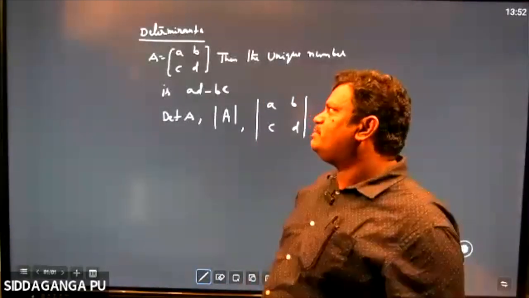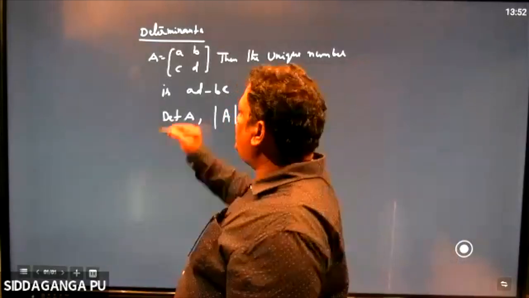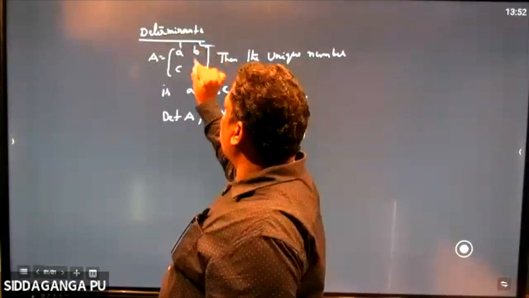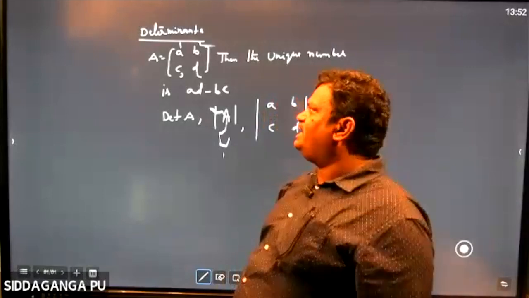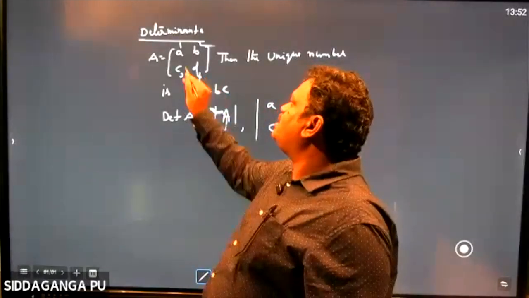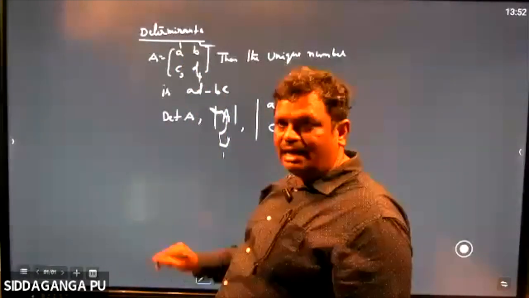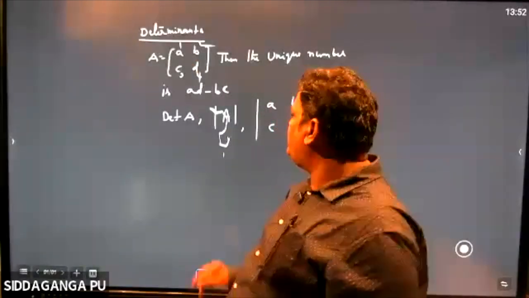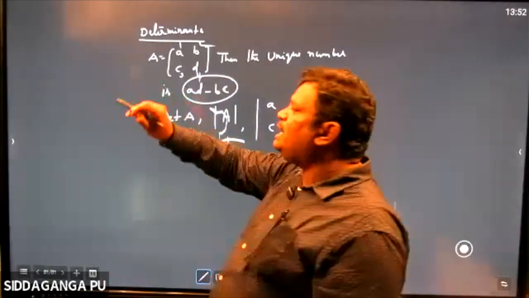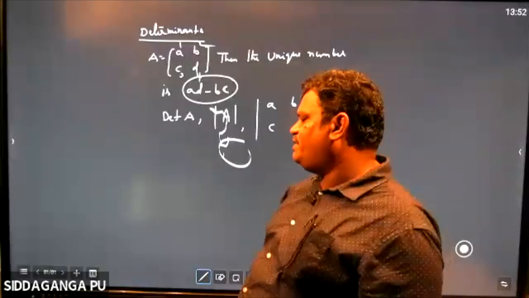How do we calculate it for a 2 by 2 matrix? For example, take the positions 1, 2, 3, 4. We take the cross multiplication, 1 into 4 minus 2 into 3. This value is called the determinant of the given matrix.